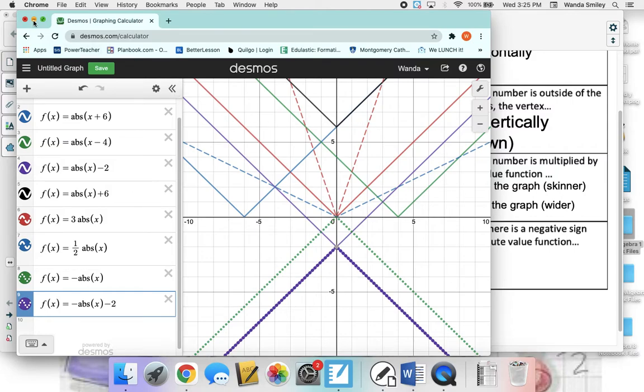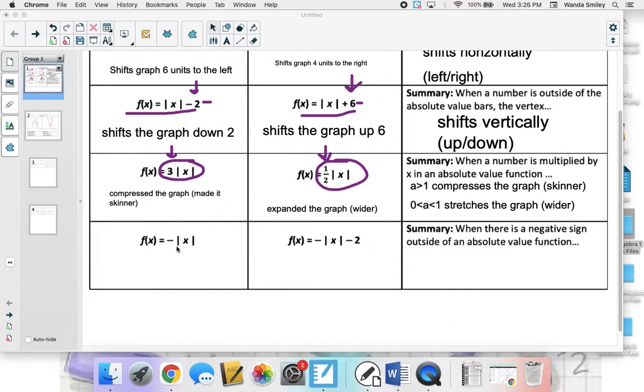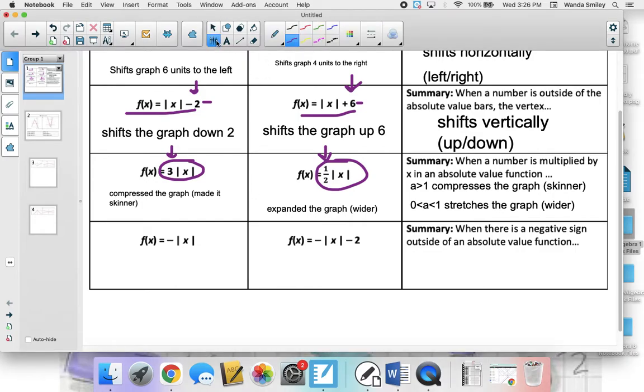Okay? So for this, remember, if you need to see it, there's an understood 1 right here, just like there is 1 here. So this number right here is called A as well, just like here is called A. And we can see that if it's negative, it opens down, okay?